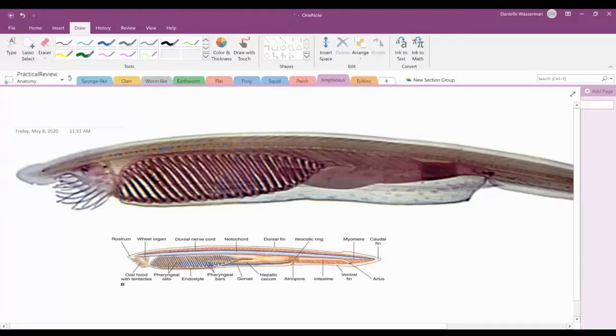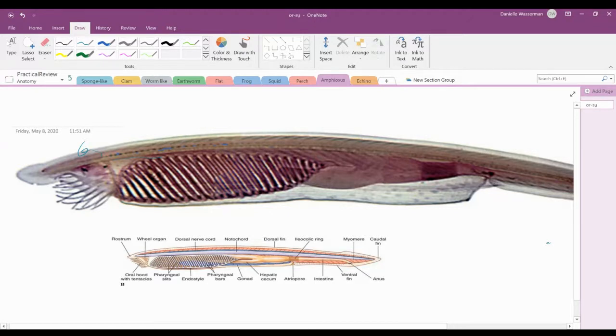So which is the notochord and which is the dorsal nerve cord? And the dorsal nerve cord is higher. You probably will have to differentiate that at one point.